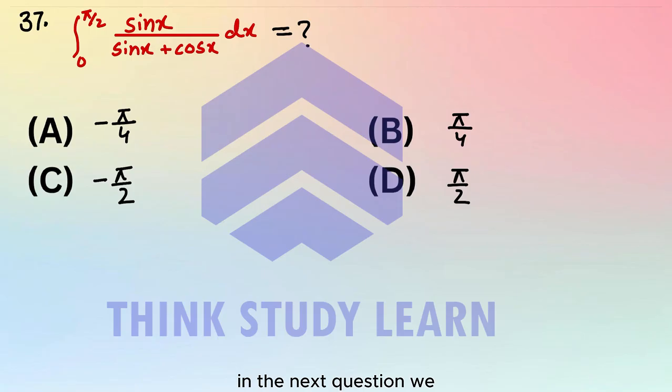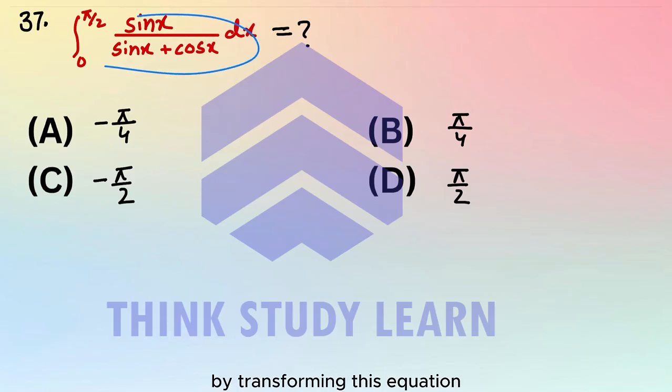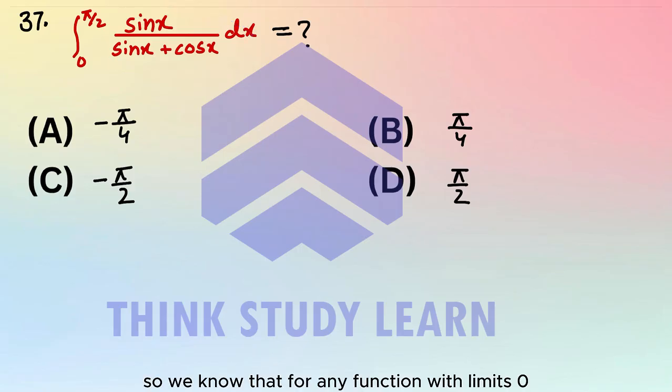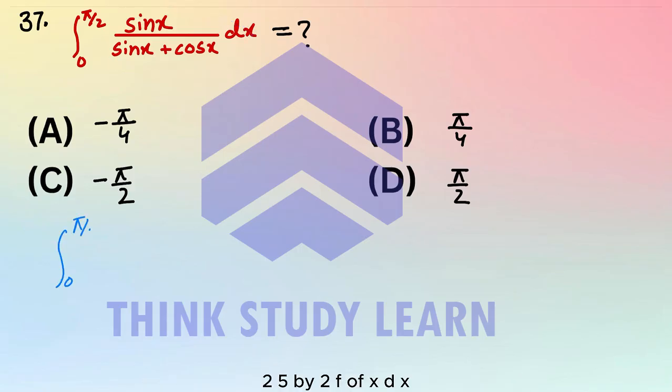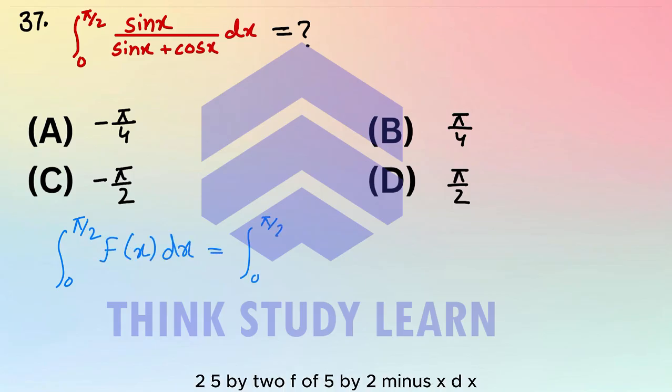In the next question, we have to integrate sine x over sine x plus cos x for the limits 0 to pi by 2. So we will solve this question by transforming this equation. So we know that for any function with limits 0 to pi by 2, the integral of f of x dx can also be written as the integral from 0 to pi by 2 of f of pi by 2 minus x dx.